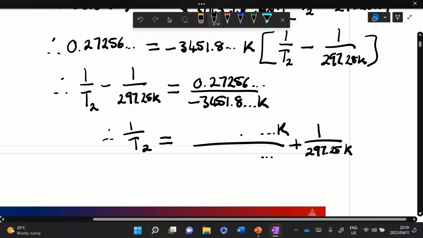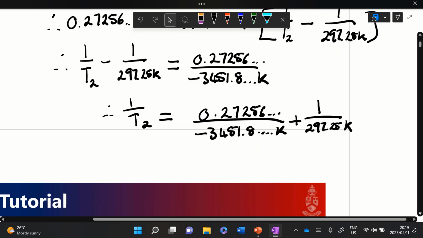It's always useful to carry the units because then you can immediately see if you're doing something wrong. So 0.27256 is on top, and the minus 3451 is below. So then we have per Kelvin.